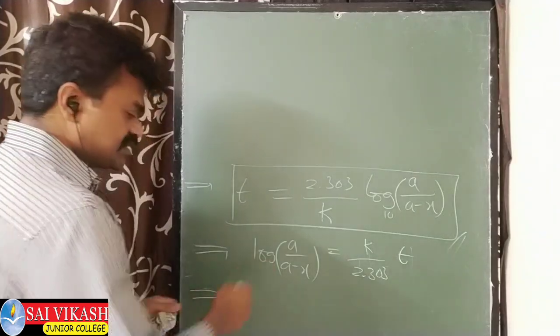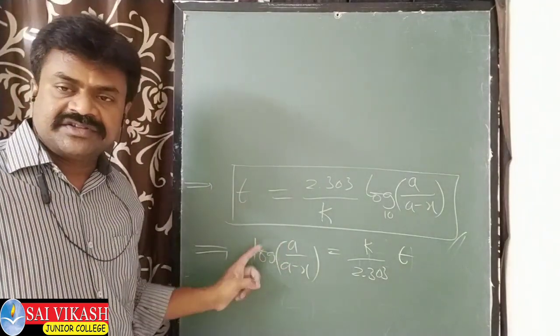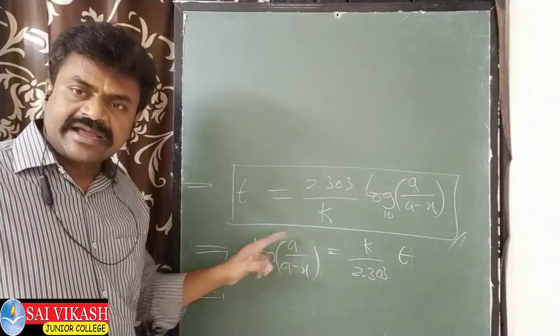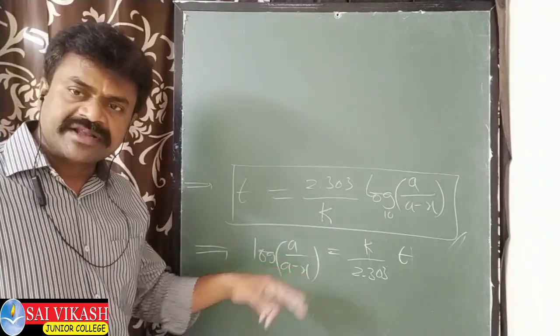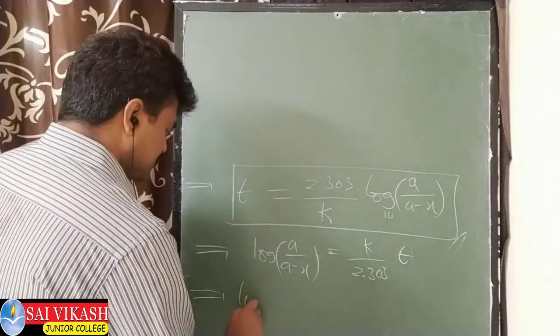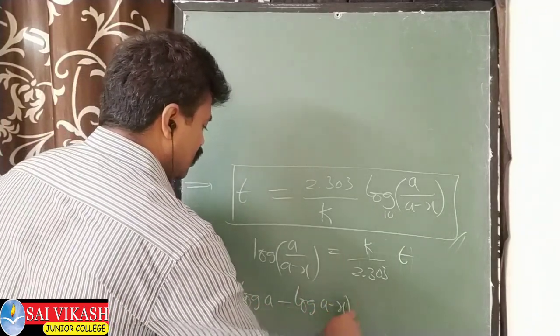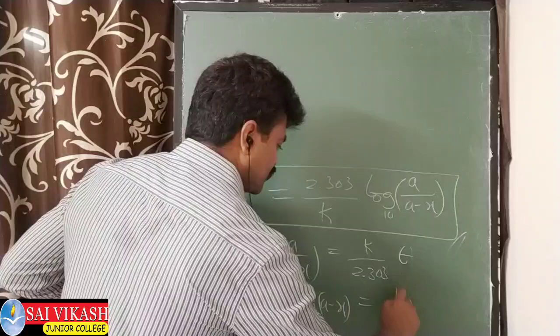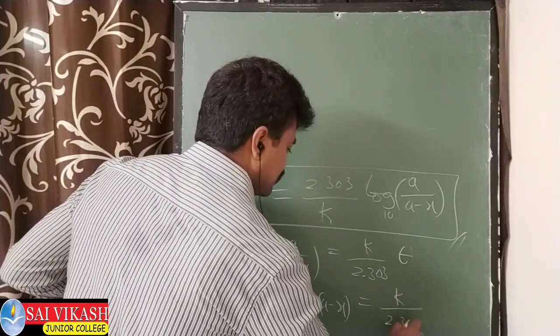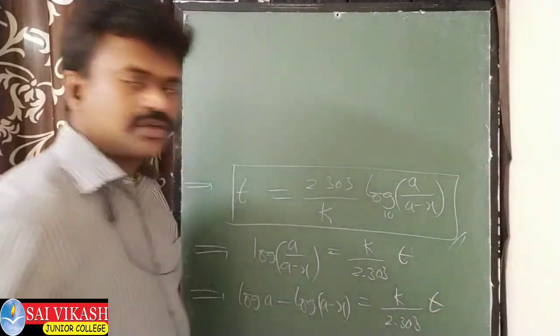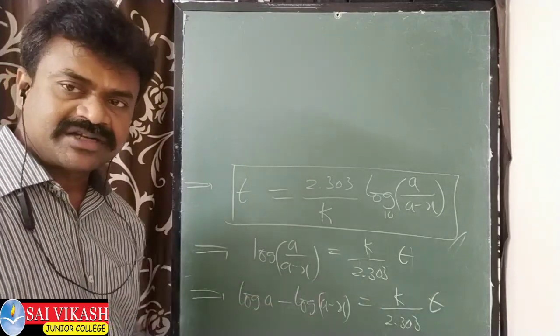Now I am again splitting this, this is log A by B form. Again I am splitting this as log A minus log B. So, log A minus log of A minus x is equal to k by 2.303 into t. Yeah, again I have split this.